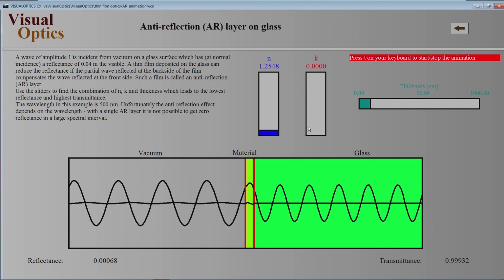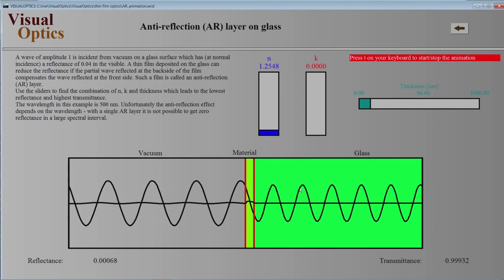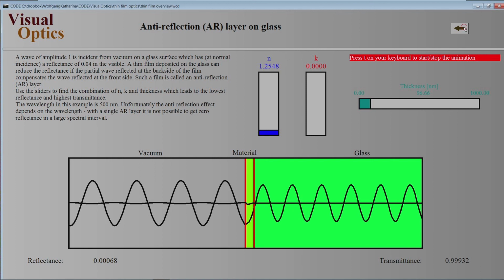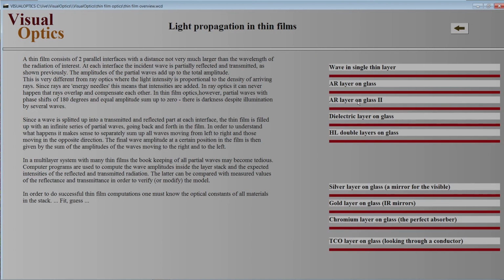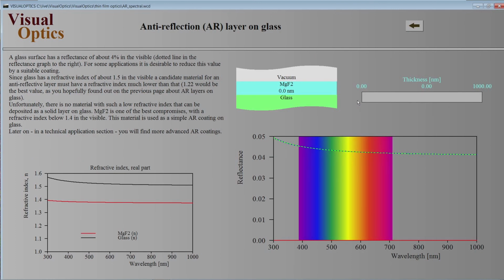Well, unfortunately, this was only one wavelength, so there is a drawback of this single layer. If you have the goal to reduce the reflectance for many wavelengths, for the whole visible, this will not really work.